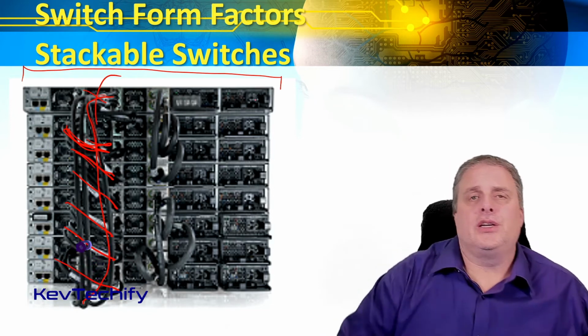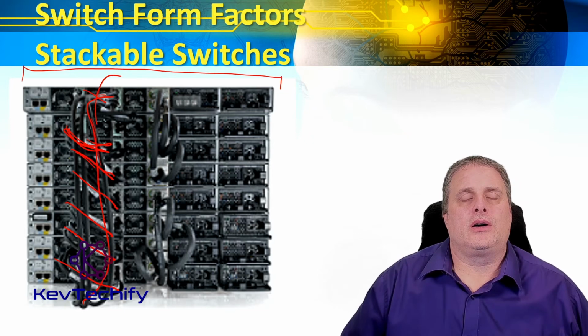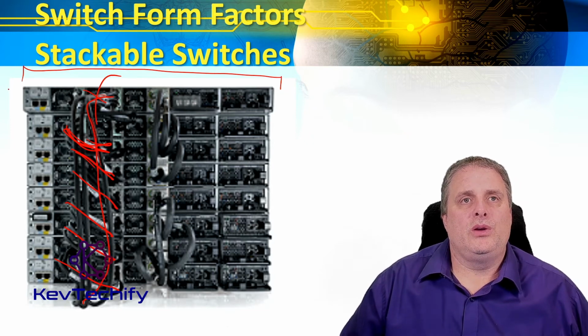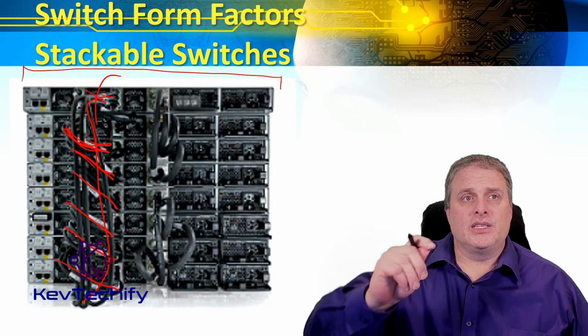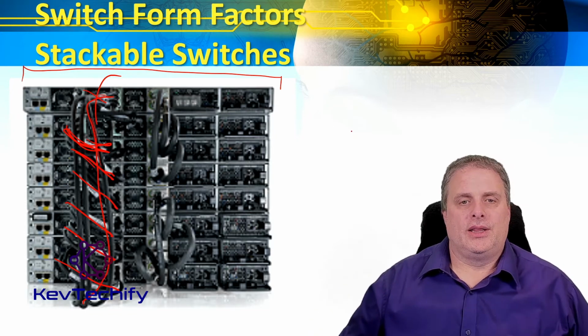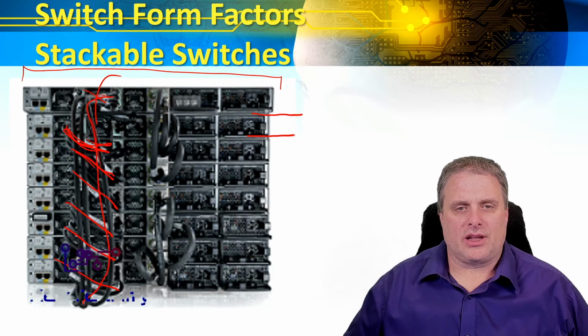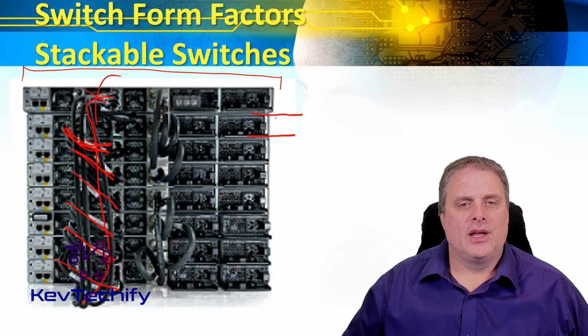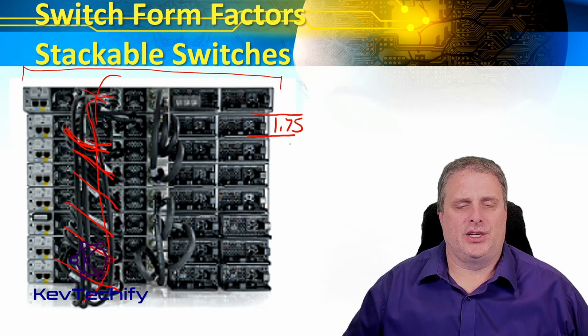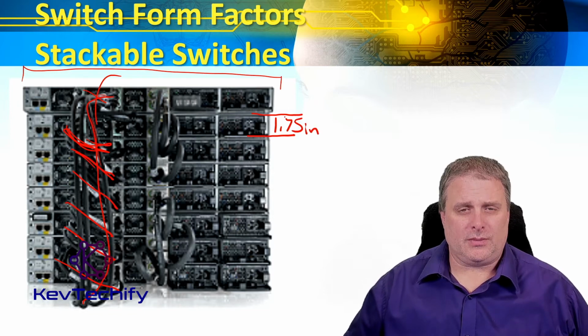Now, I did mention a term here, a U of space. What a U is, it's one rack unit. This is one rack unit. The device or the space that'll allow one of these to go in here. This is 1.75 inches. This is 1U. So these switches are all 1U.